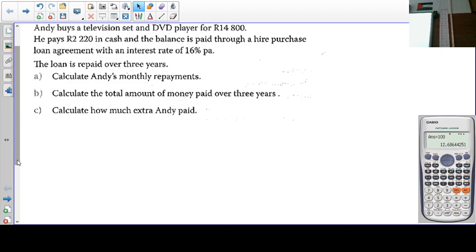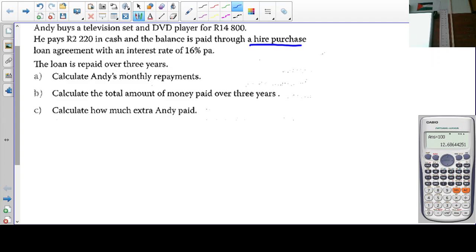So he pays 2,220 rand in cash, and the balance is paid through a hire purchase loan agreement with an interest rate of 16%. Here, if they're talking about hire purchase, what interest do we consider hire purchase to be?